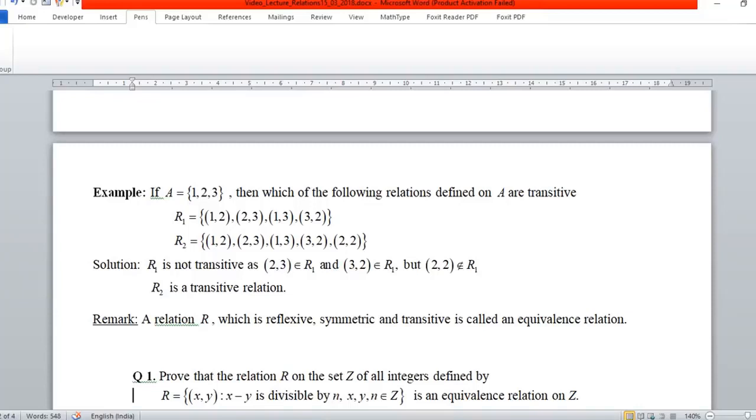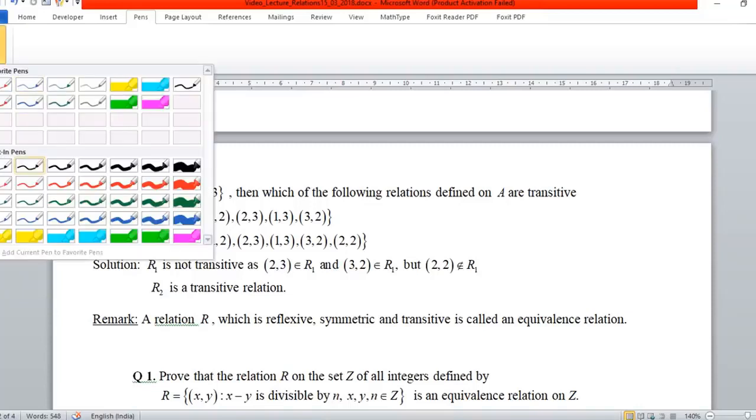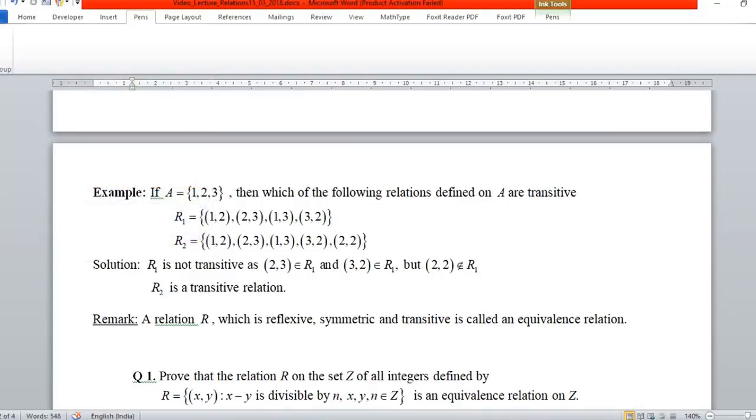Now if set A has elements 1, 2 and 3, then check which of the following relations defined on A are transitive. R1 is a relation which contains elements (1, 2), (2, 3), (1, 3) and (3, 2). For the elements (1, 2) and (2, 3), the second entry of the first equals the first entry of the second, so we need an element of the form (1, 3) present in the relation, which is present.